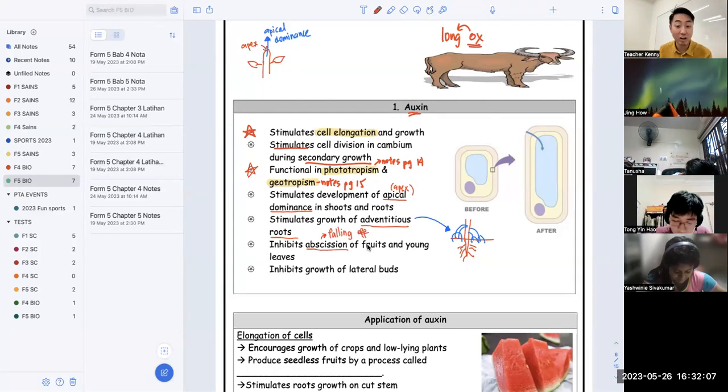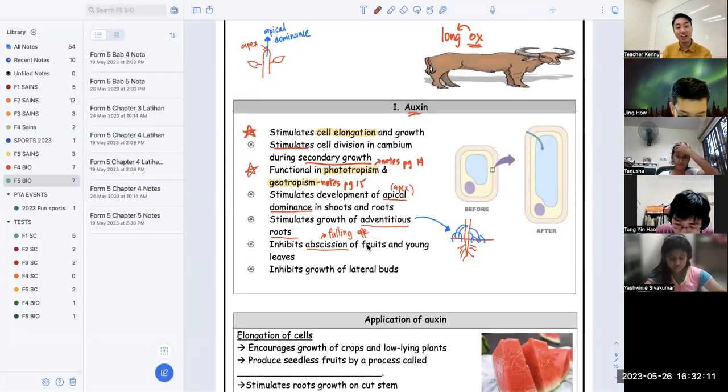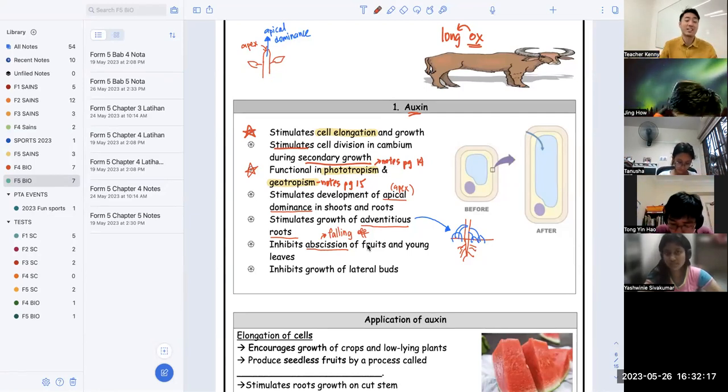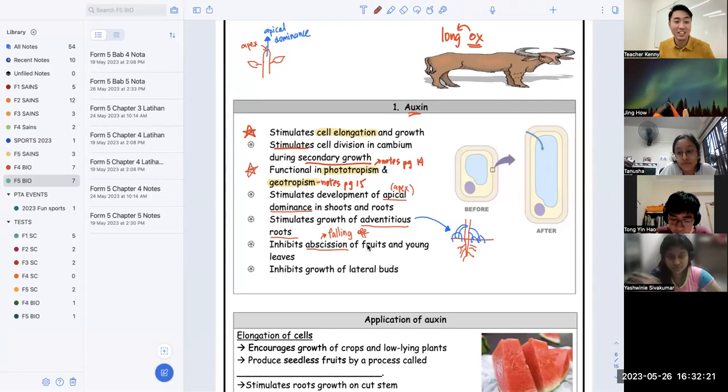Why can't I just call it the falling off of the fruits and the young leaves? Okay, must put abscission. It's a fancy one, right? Your medical human anatomy also has really fancy names. So the plant scientists also wanted to give a fancy name. So abscission: the falling off of the fruits and the young leaves.